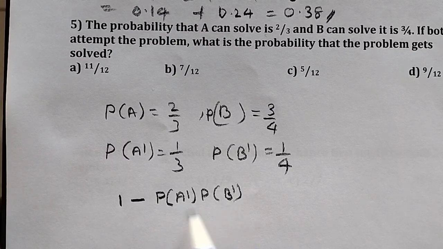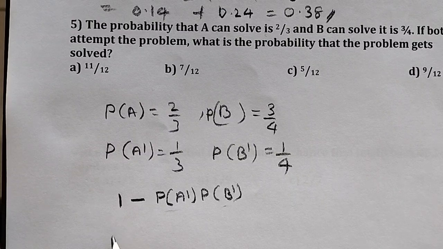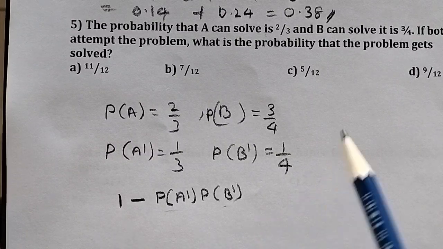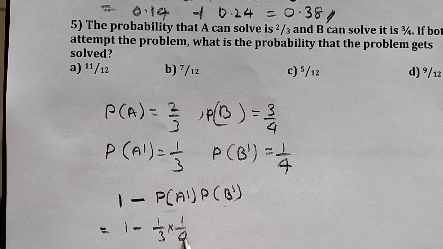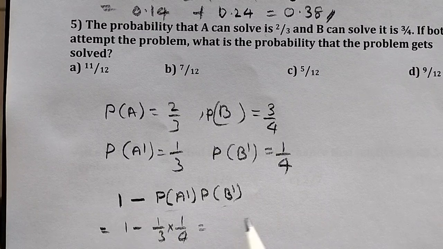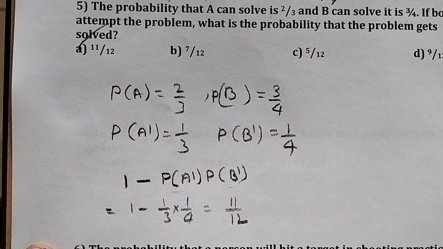This entire value subtracted from the total probability gives at least one of those two solving the problem. So that result is 1 minus 1/3 into 1/4, that is 12 minus 1, 11/12. So 11/12, option A.